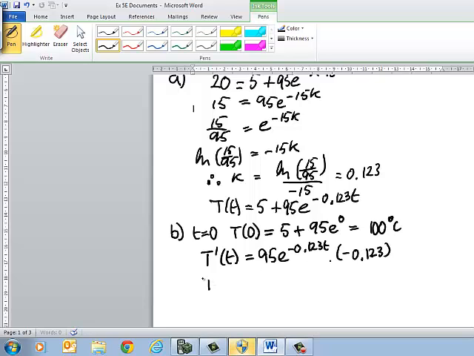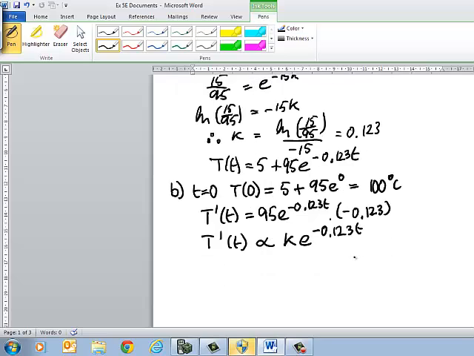We could say that particular model is simply proportional to some constant k. The k value would be 95 times that value there, and the model bit, which is really important, is the e to the minus 0.123t.